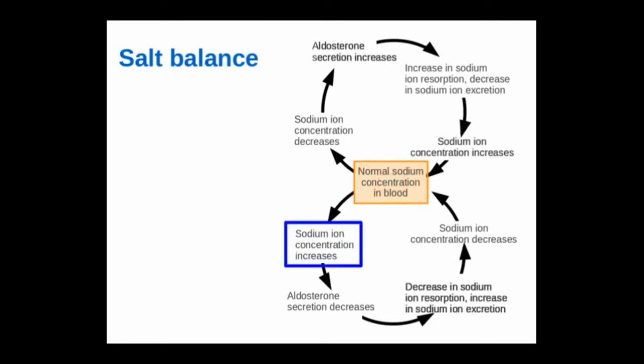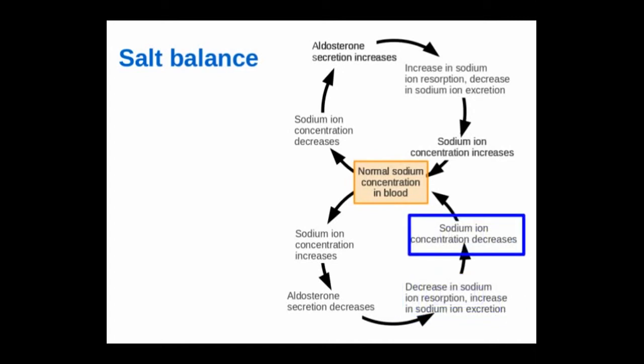What happens if sodium ion concentration increases? That is, it gets higher. There are more sodium ions in the blood, and this is bad for us. Well, aldosterone secretion decreases, and this leads to a decrease in the sodium ion resorption and an increase in the sodium ion excretion, and so more sodium ions are lost and the normal sodium concentration of the blood is restored.